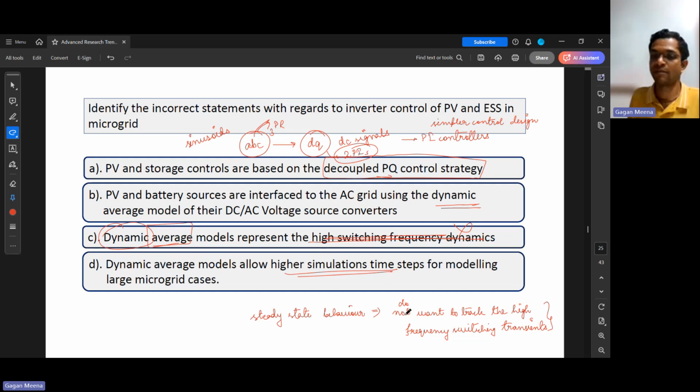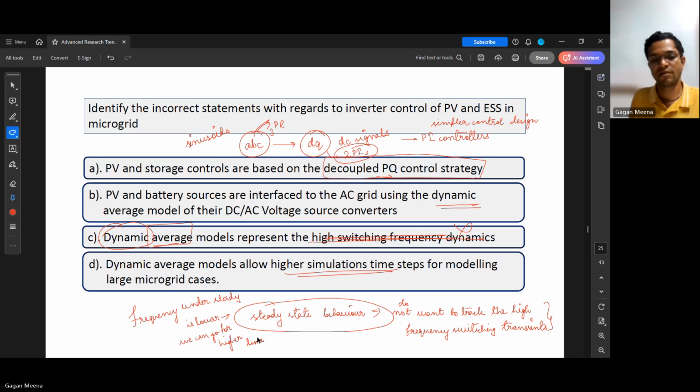Yes, correct, because here we are only worried about the steady state, so the frequency under study is lower. So we can go for higher simulation time steps because of that.